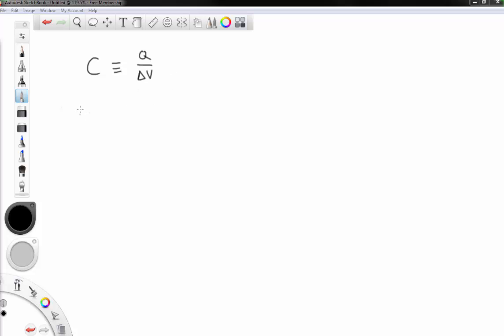So the parallel plate capacitor's capacitance is given by C is equal to epsilon naught times the area divided by the distance between the plates.